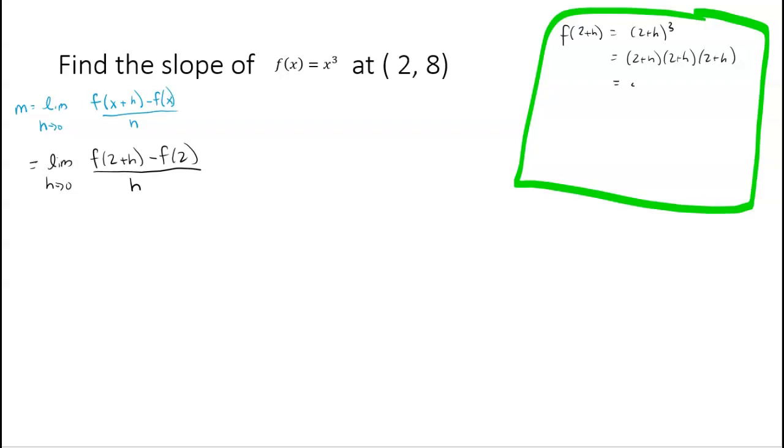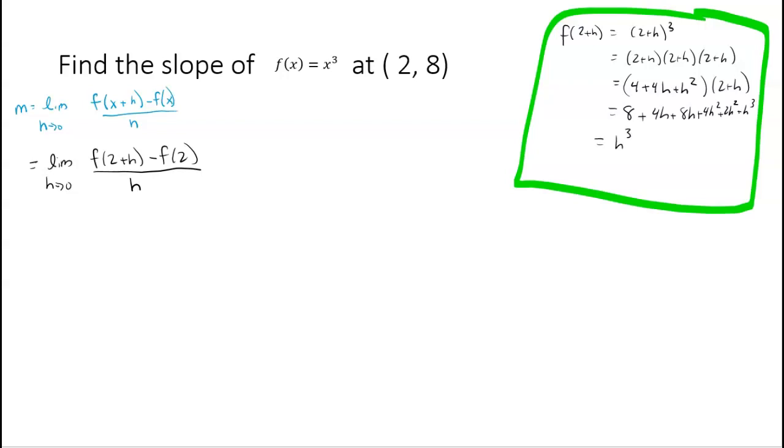So we're going to get 4 plus 4h plus h squared. And then I'll multiply it by 2 plus h. So I'm going to get 8 plus 4h plus 8h plus 4h squared plus 2h squared plus h cubed. Collect my like terms.